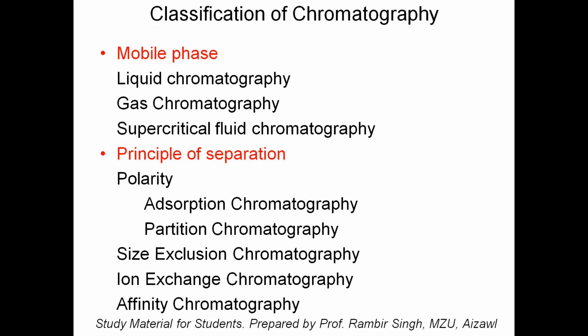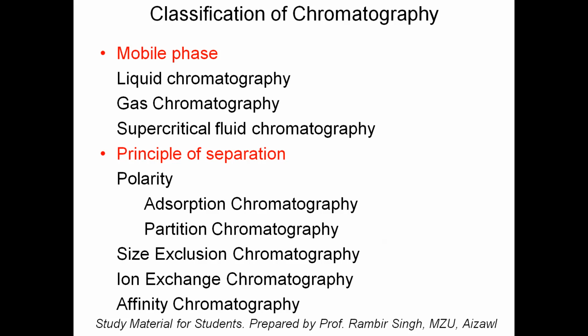The next principle is based on affinity: affinity chromatography. This is one of the most specialized kinds of chromatography, in which separation is based on affinity, like the affinity of a substrate with an enzyme.